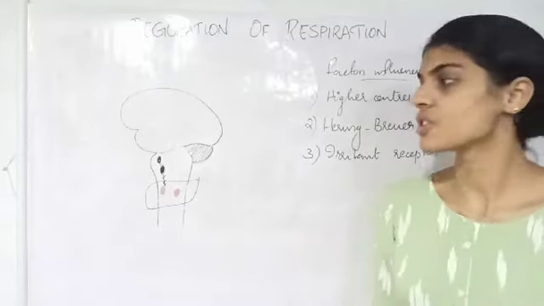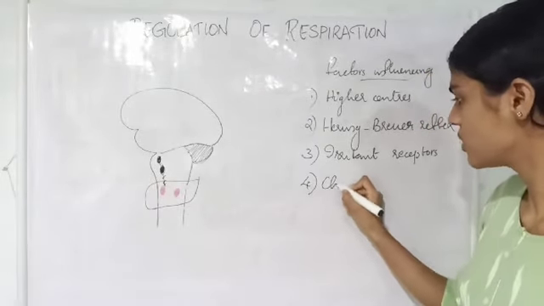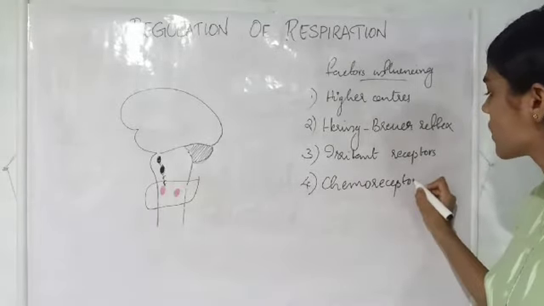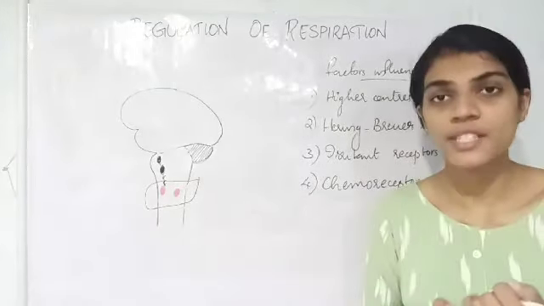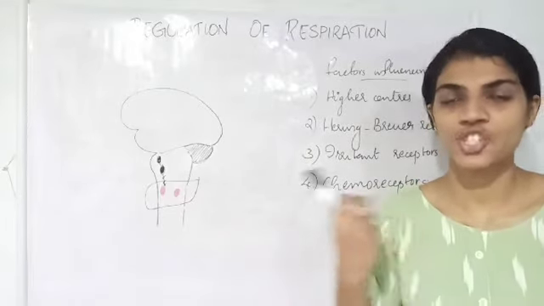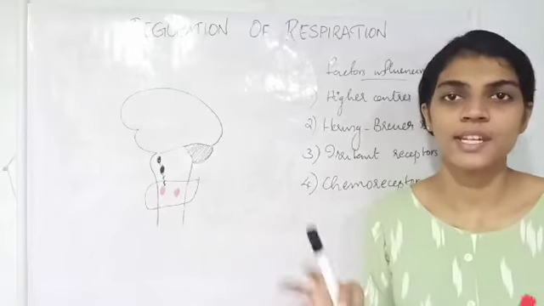The next most important one is chemoreceptors. Chemoreceptors are certain receptors which can sense change in the oxygen and carbon dioxide content in the blood.